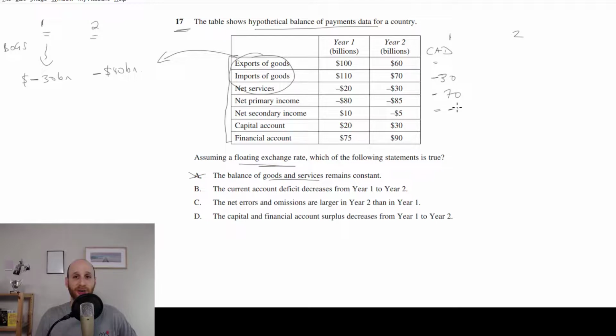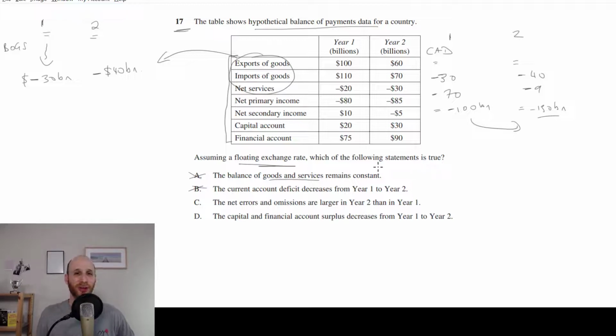So that's going to give us -100 billion for that. Then if we go to this side, so we know -40 BOGS, and then if we look at net primary, net secondary, -90 equals -130. So the current account deficit actually increases between these years.